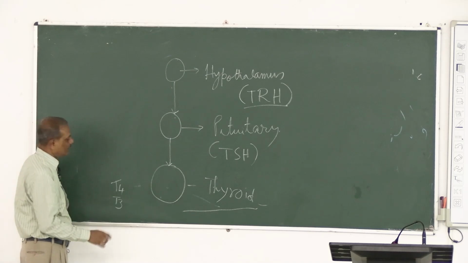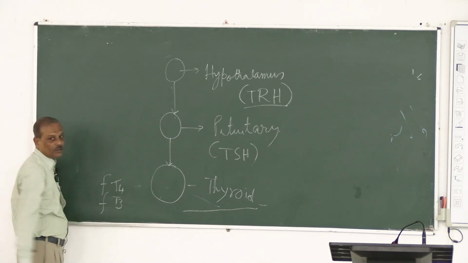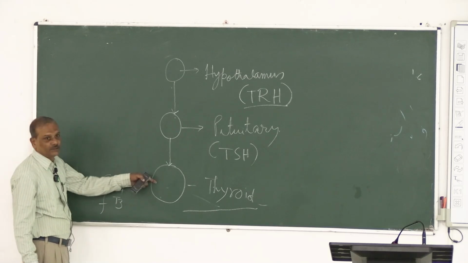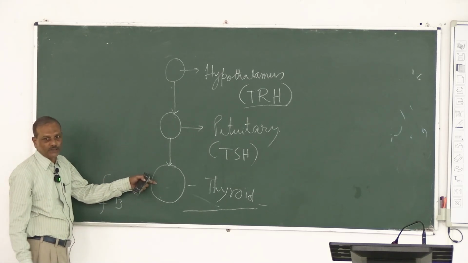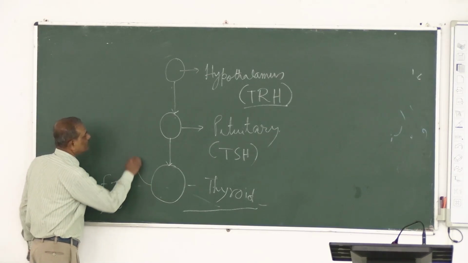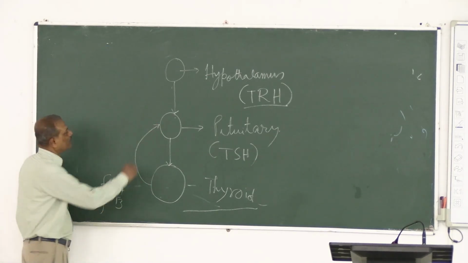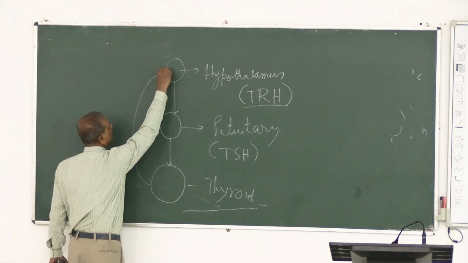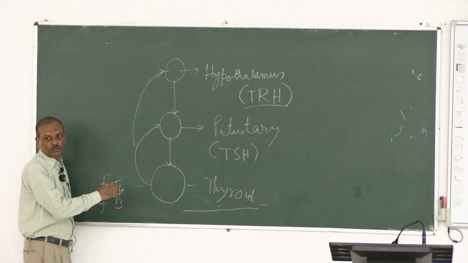Now, one part, as I told you, this is FT3 and FT4. By chance, if the production is less, it stimulates the pituitary, basically the hypothalamus, to produce more TSH.